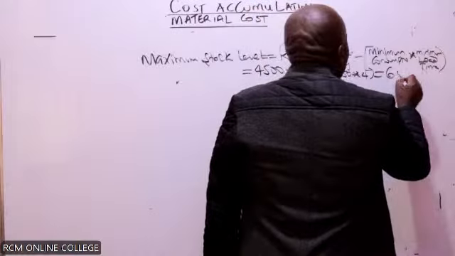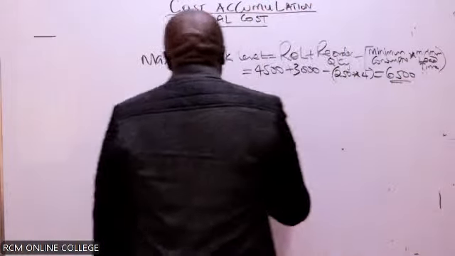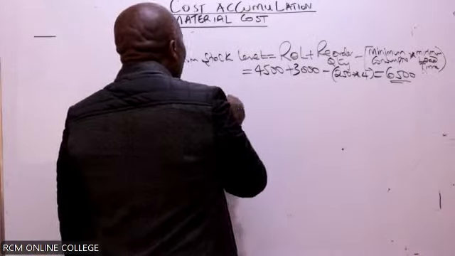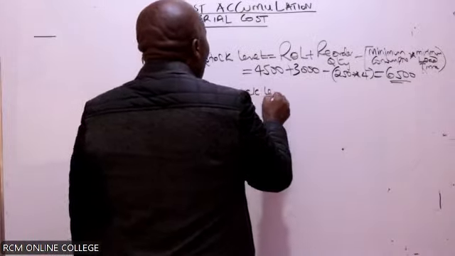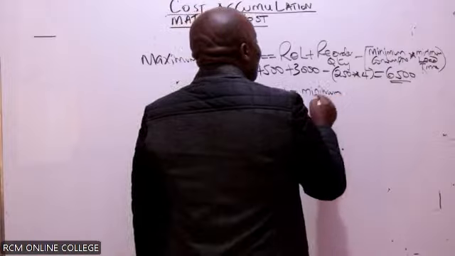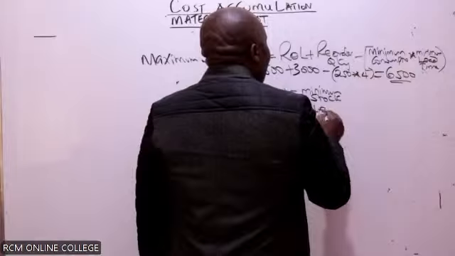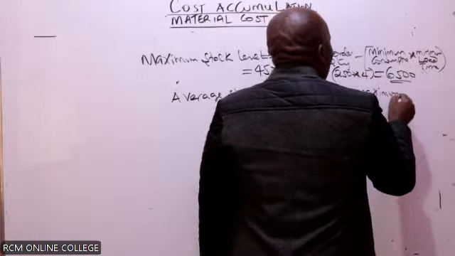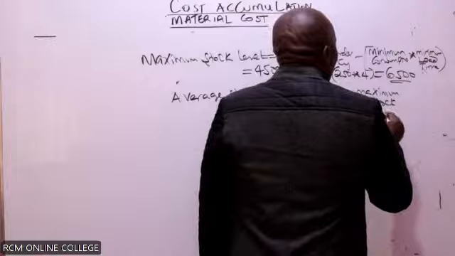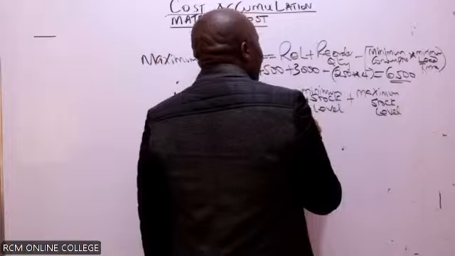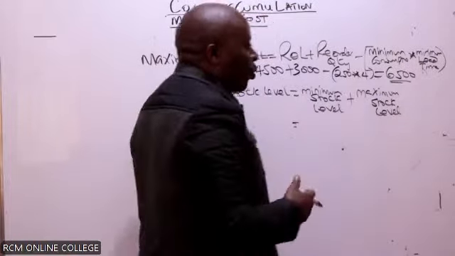So they never asked this, but assuming they wanted me to give them average stock level, I would have taken minimum stock level plus maximum stock level, divided by 2. Is there somebody who can remind me what our minimum stock level was?